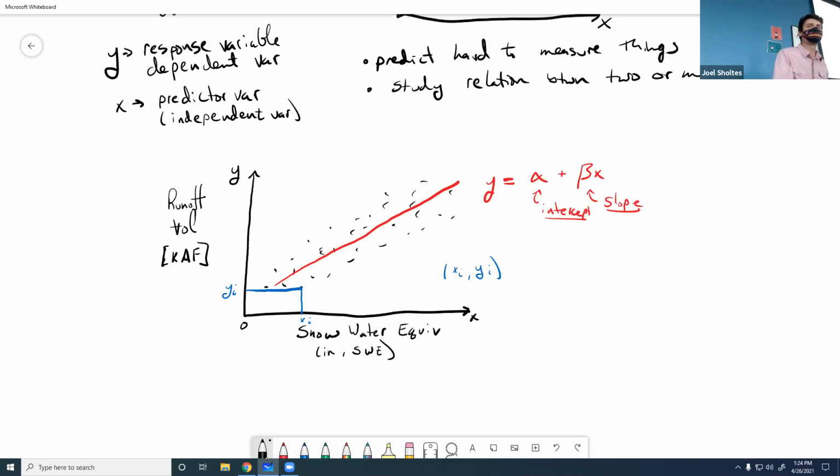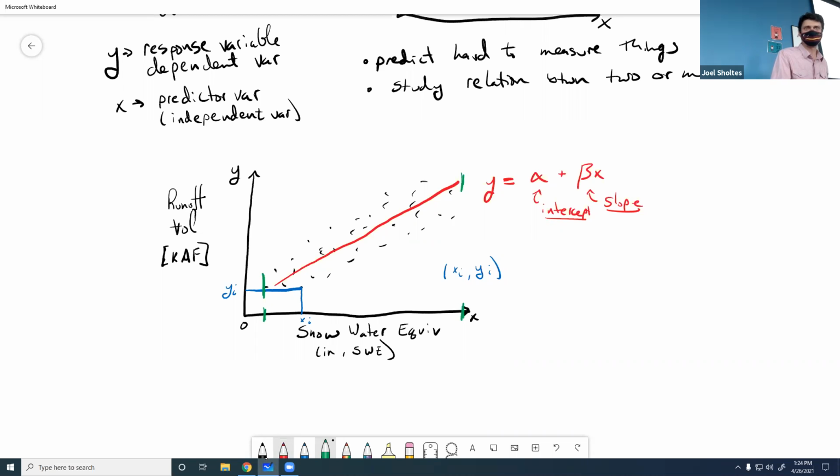There are some cases where you can force this line to go through the intercept, because from a physically based standpoint, you want to do that. But in this case, you would say, okay, here's the linear relationship between SWE and runoff. And we're going to only evaluate it within these bounds, right, of x.